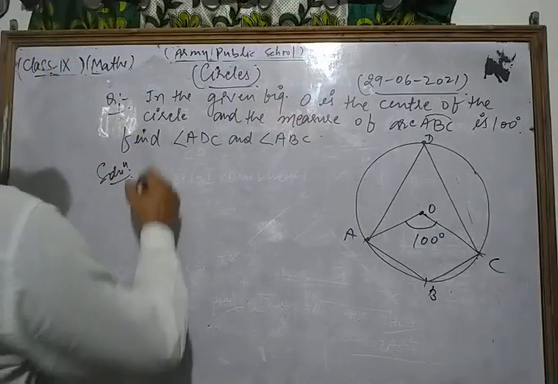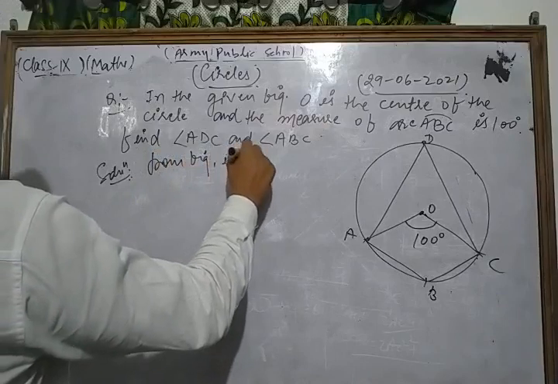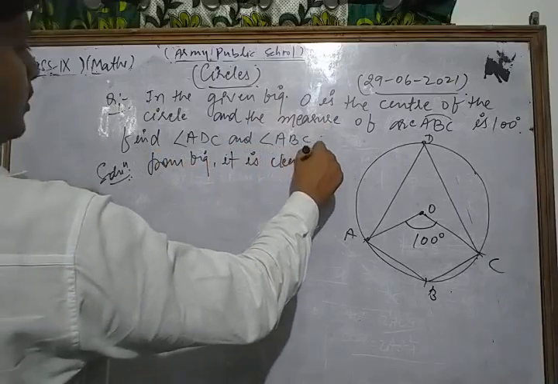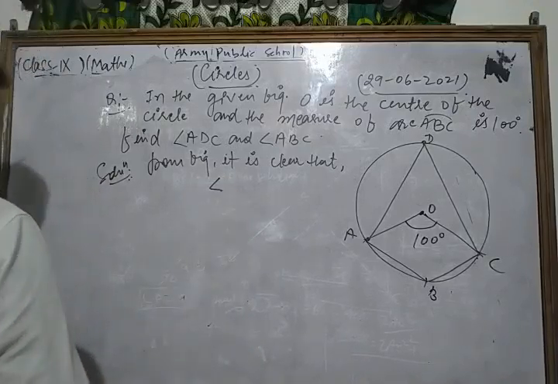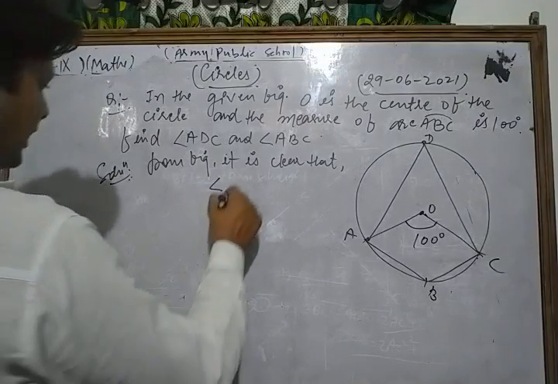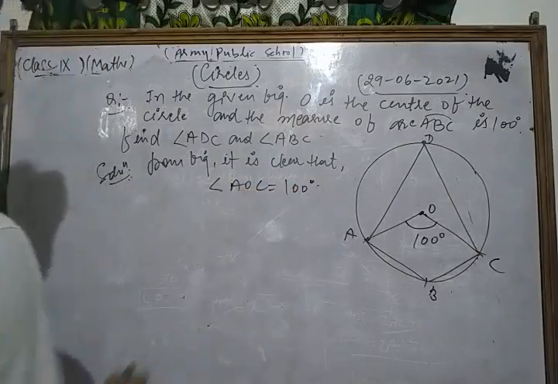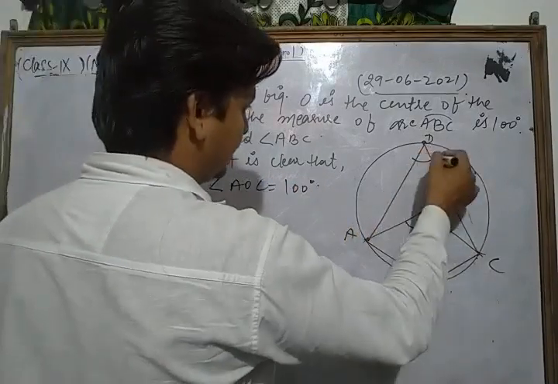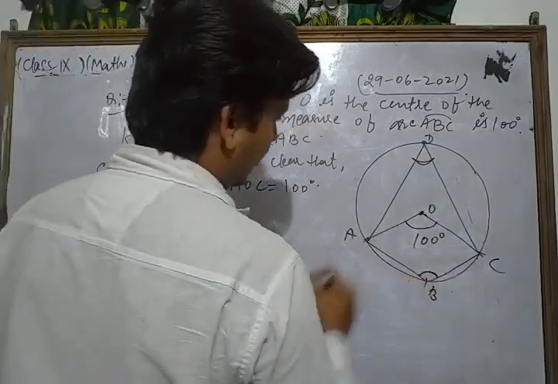Dear students, from the figure it is clear that angle AOC is given as 100 degrees. We find angle ADC as well as angle ABC.